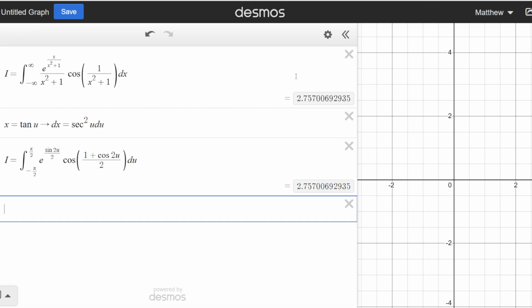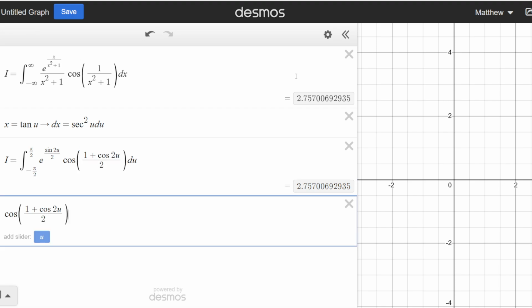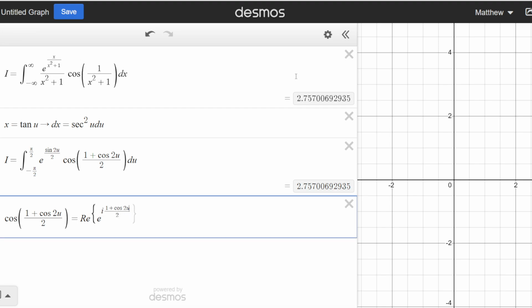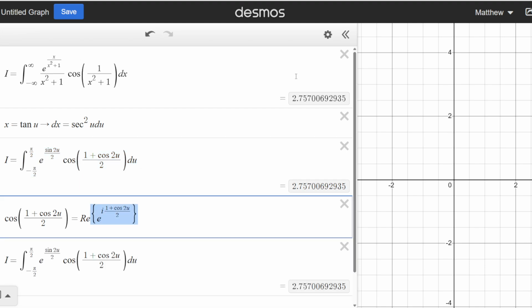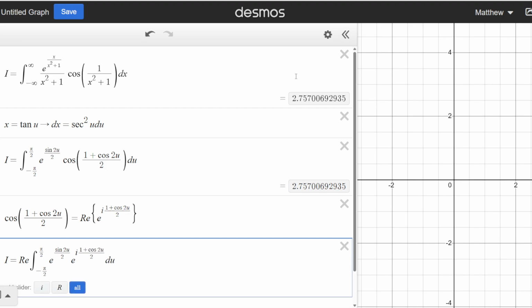Let's recognize that this is simply going to be the real part of e to the i times this. Right? So we can rewrite our integral like this. And then we can bring the real part outside the integral. All right, now let's clean this up a little bit.